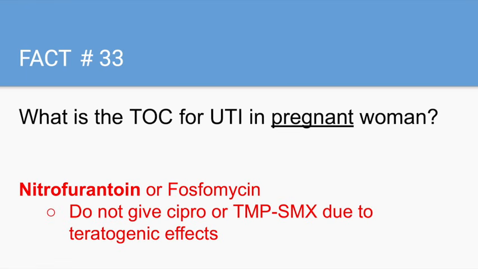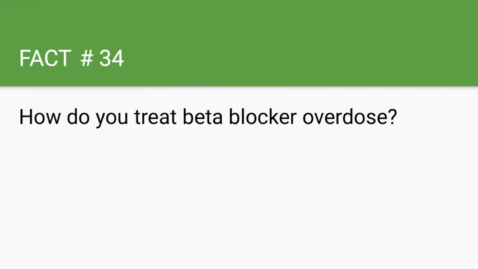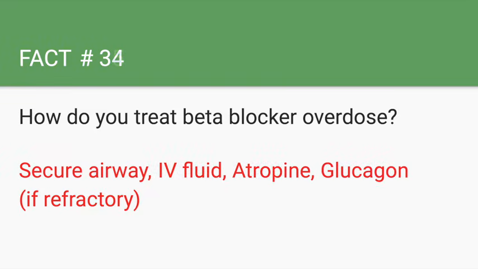How do you treat a patient that presents with clinical features of this condition? Basically, you want to take care of your ABCs. So you want to secure the airway, provide IV fluids, and the first line treatment is with atropine. However, if the patient is refractory to atropine or isn't seeing the clinical improvement, then you can go ahead and give glucagon.